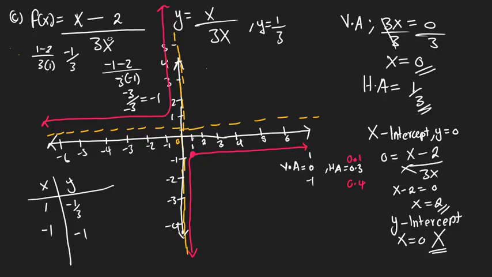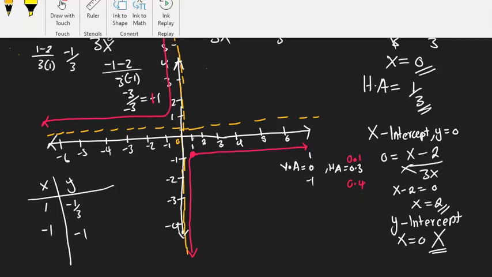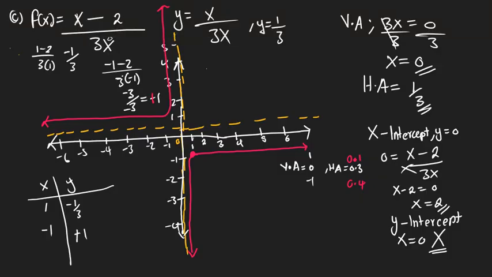And by the way, this is going to be a positive. This is a positive 1. So negative 1, comma positive 1 is somewhere here.